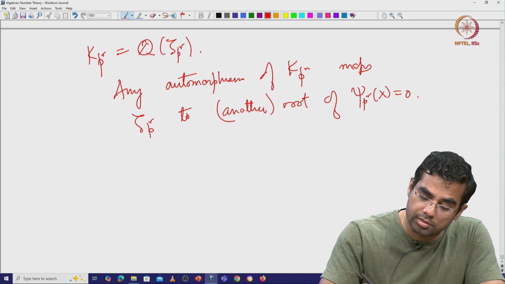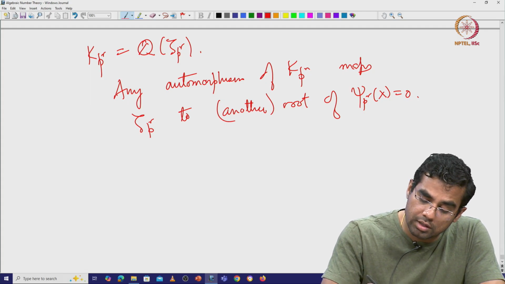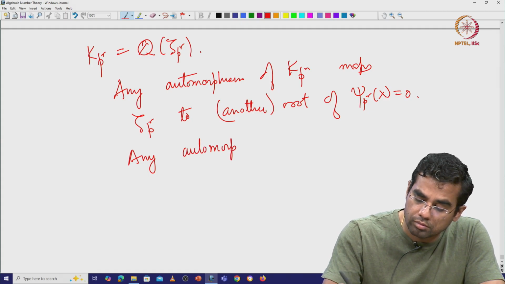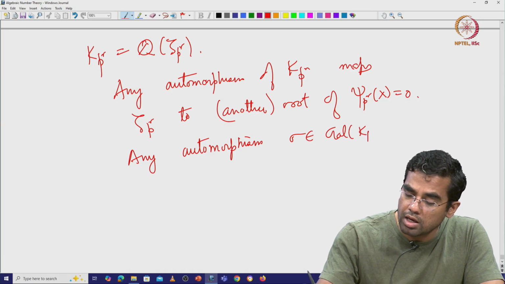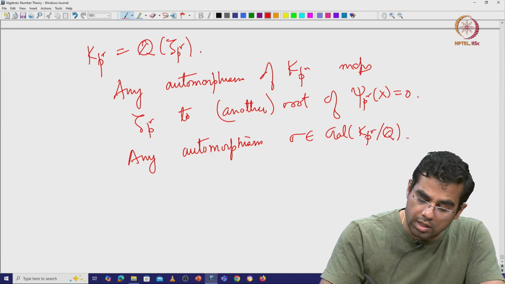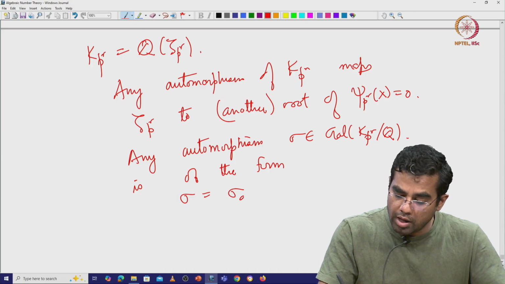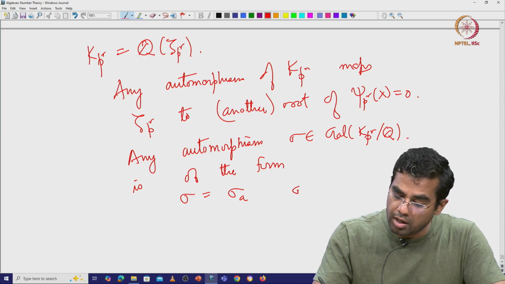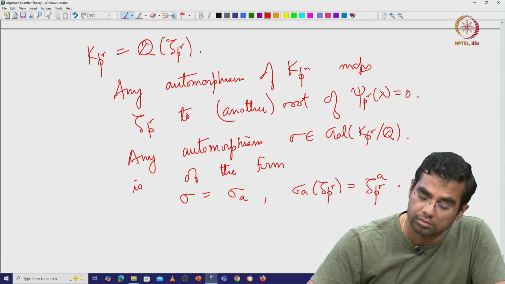Right now I am not using that it is an irreducible polynomial. So, any automorphism sigma in the Galois group of k p to the r over Q is of the form sigma equal to sigma a, where sigma a of zeta p to the r is zeta p to the r to the power a.